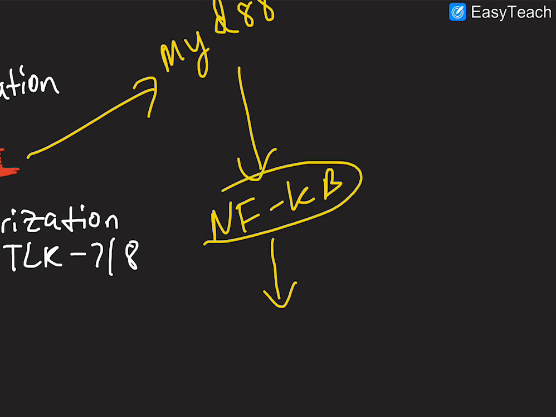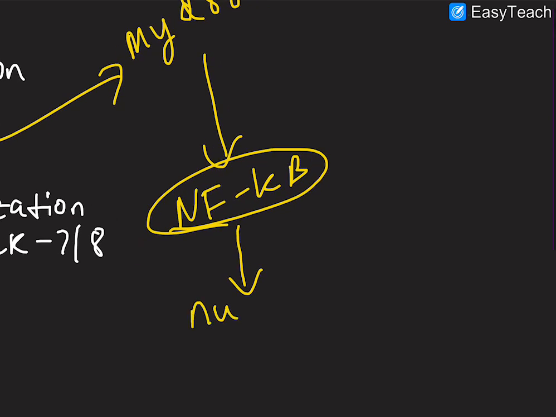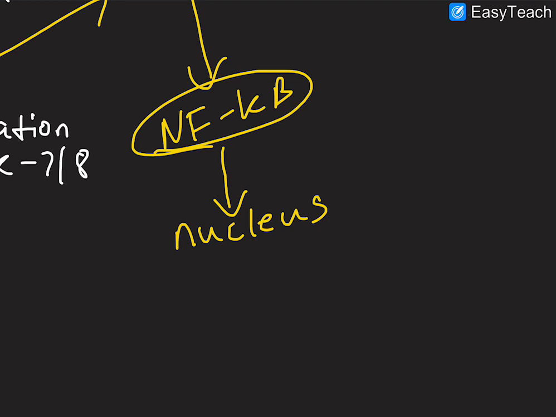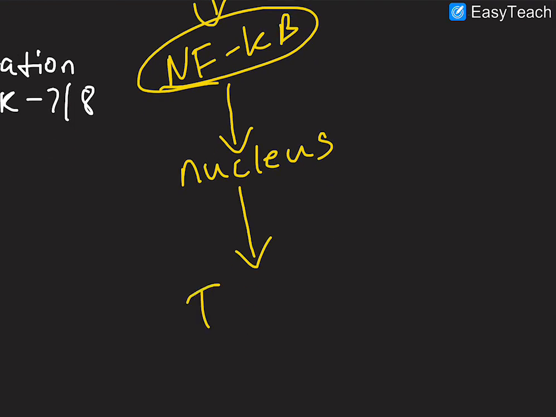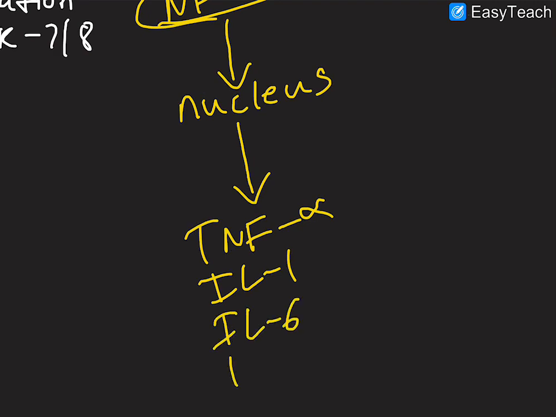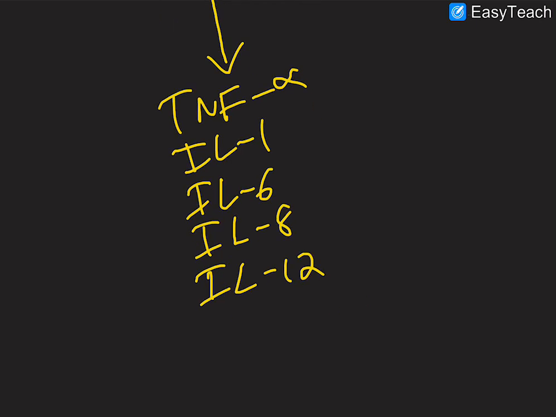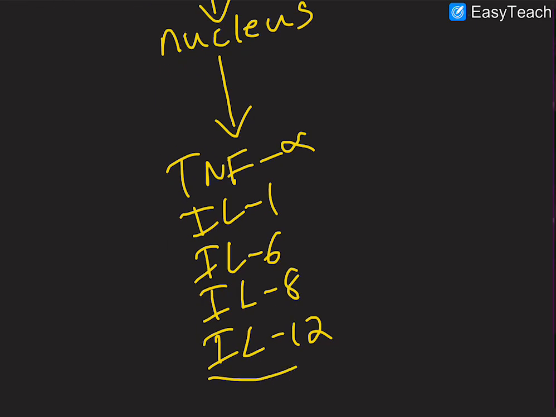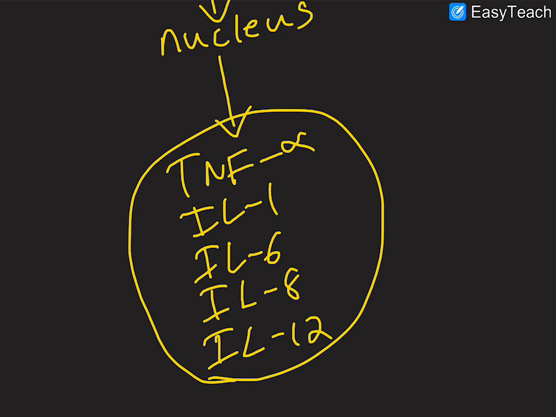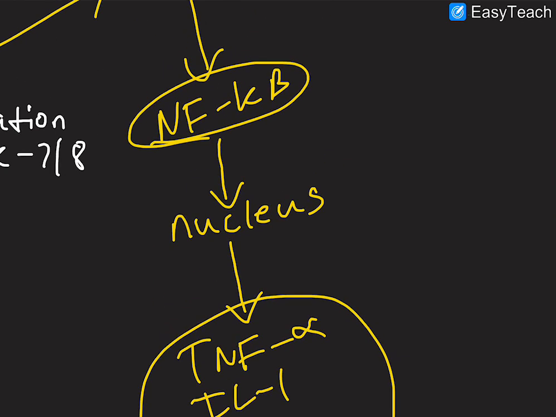Remember, nuclear factor kappa B goes to the nucleus and increases gene expression so that you make a lot of different cytokines, like TNF alpha, interleukin 1, interleukin 6, interleukin 8, interleukin 12, and so on. So this leads to a bunch of cytokine release, and we know that cytokines contribute to the overall process of inflammation, and they attract different white blood cells to that area of inflammation or infection.